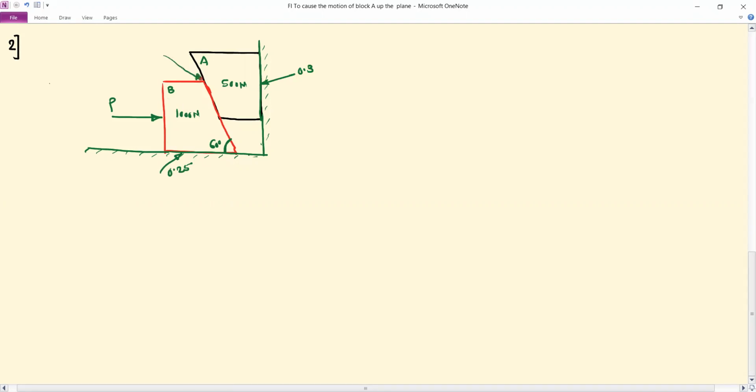So at this contact surface, friction is 0.2. So we have to find out the minimum value of the force P, which is applied to the lower block, that will hold the system in equilibrium.